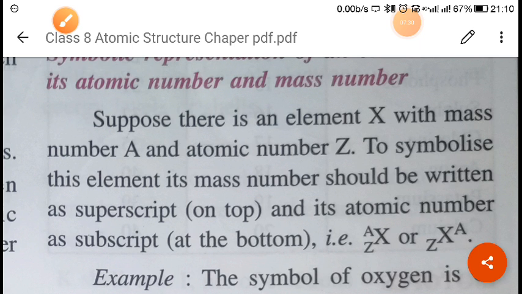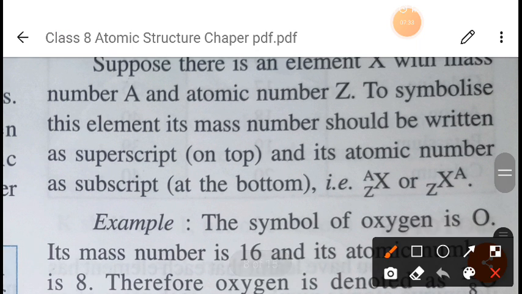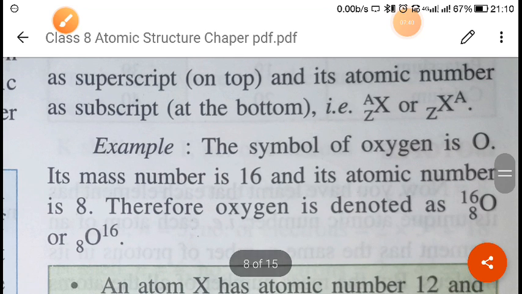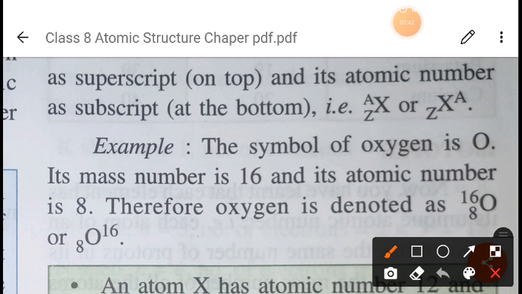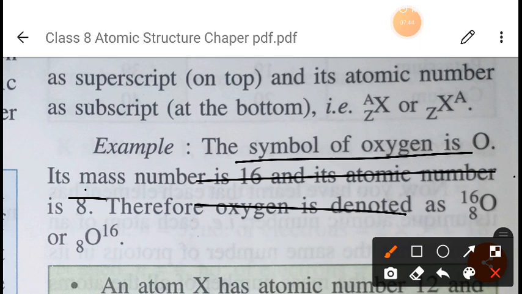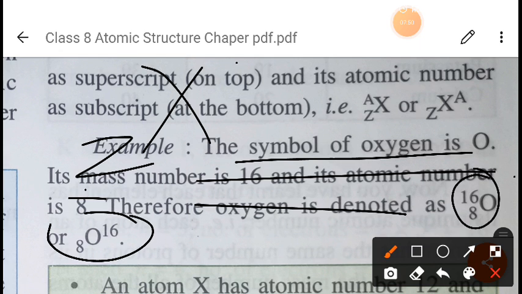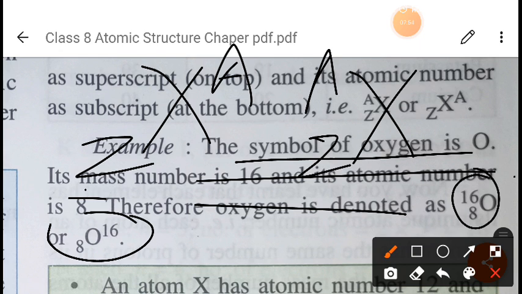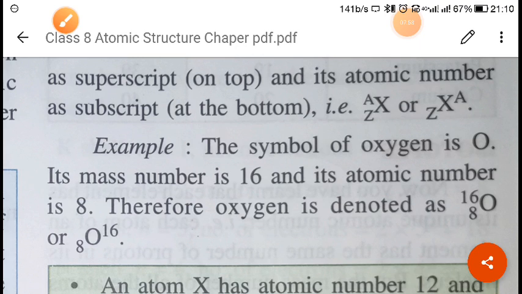As you can see, the example of oxygen is also given here, and it is written like this. We can also write Z here or A here, or Z there or A there. Both are the same. I hope you have got this.